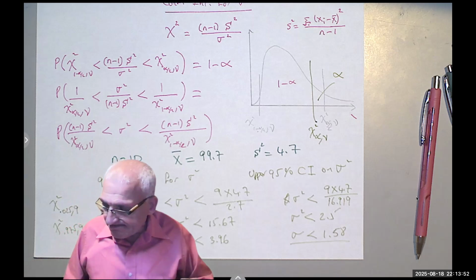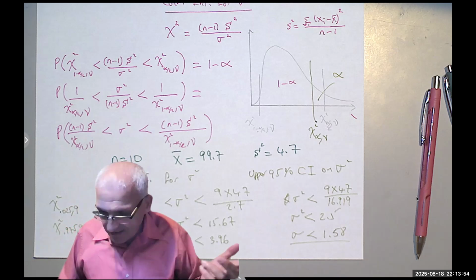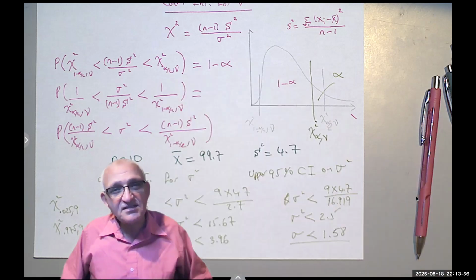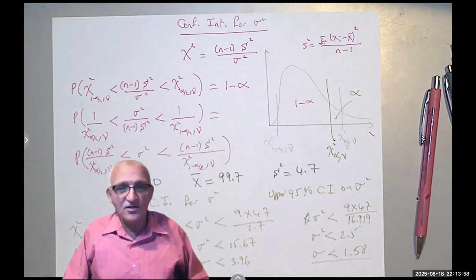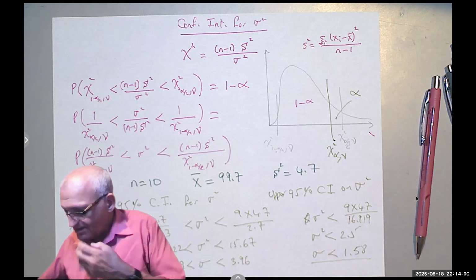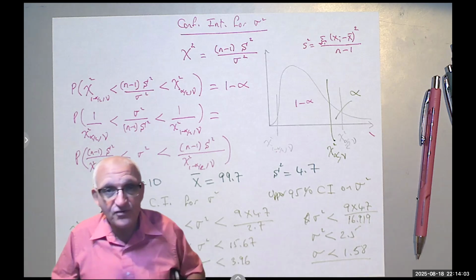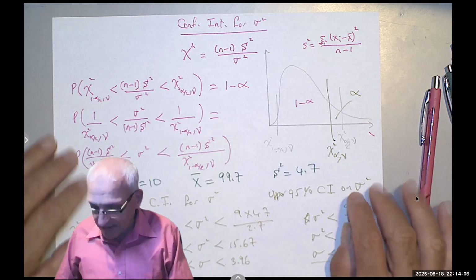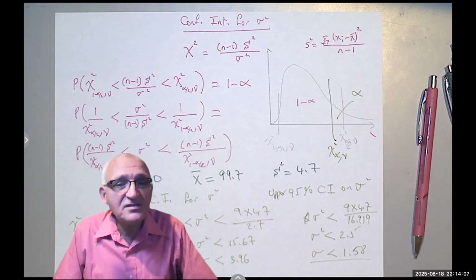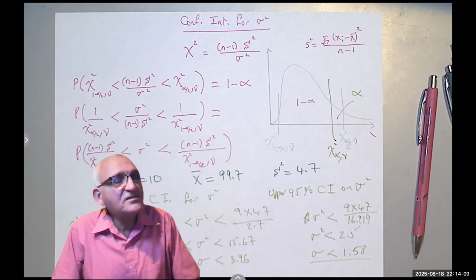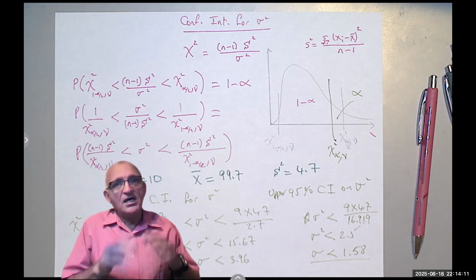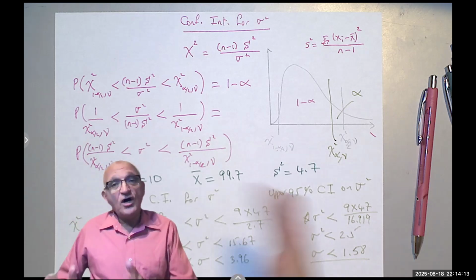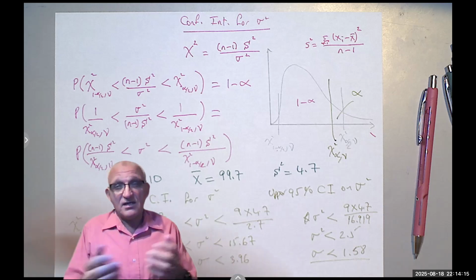Okay. And I think that's it for today. This is for the sigma square and also to show you how to find the confidence interval for the t using your calculator. Again, I'm not quite sure if I should have you do all of that on, say, something like RStudio.